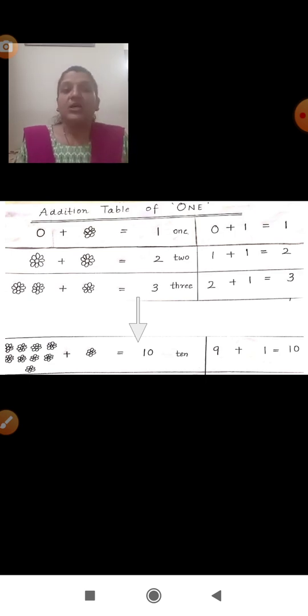Clear? So here two things you have to keep in mind: maths project and assignment questions. Both the papers you have to submit in the school to your teacher when the school will reopen. Am I clear? Very good.